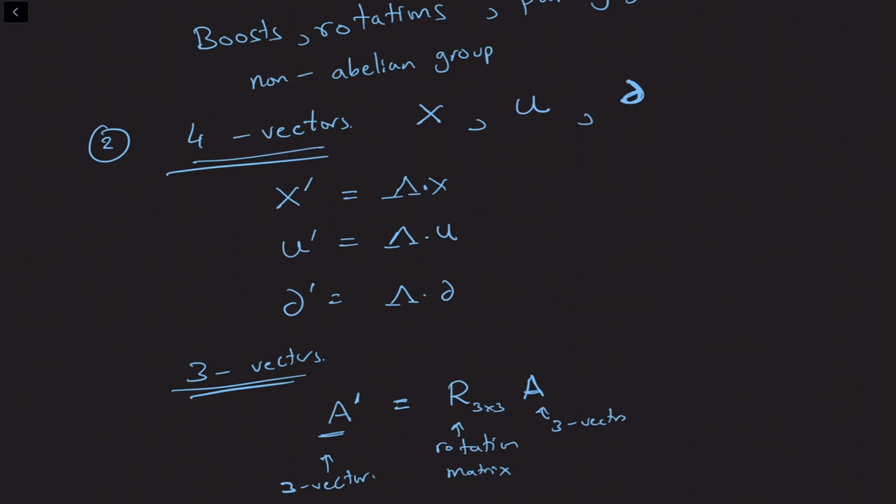And the power of identifying 4 vectors is that the transformation laws become universal for all 4 vectors. All 4 vectors transform in exactly the same way. Okay, so we don't have to worry about the complicated rules for the transformation of ux, uy, and uz.